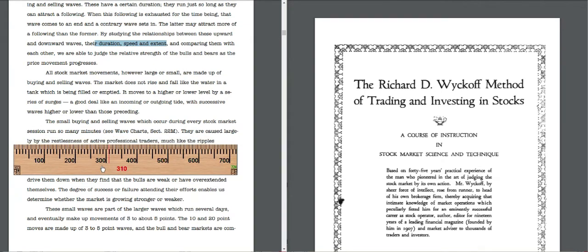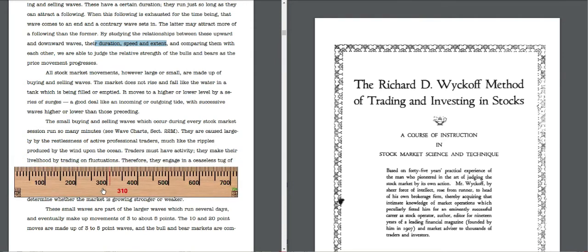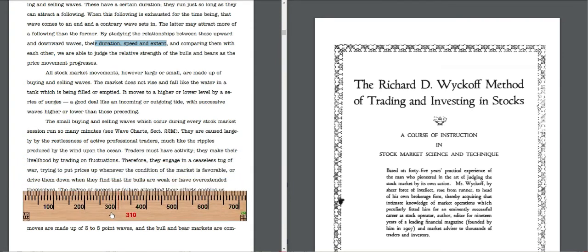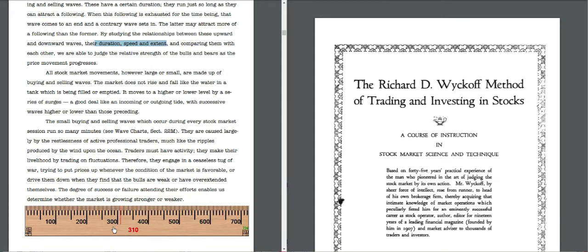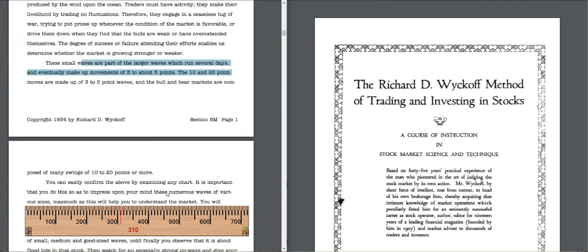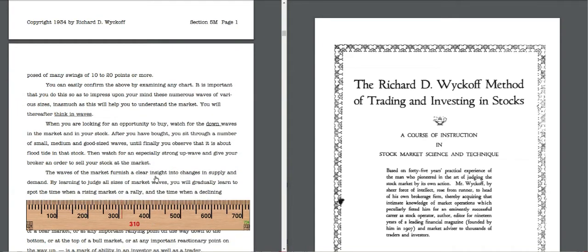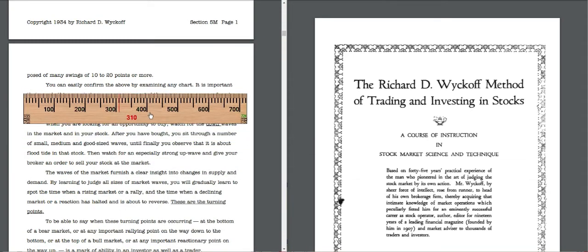They are caused largely by professionals, because they must have activity to make money. Right, the degree of success or failure is okay, nothing here. The small waves are part of larger waves which run several days. You can easily confirm the above by examining any chart.